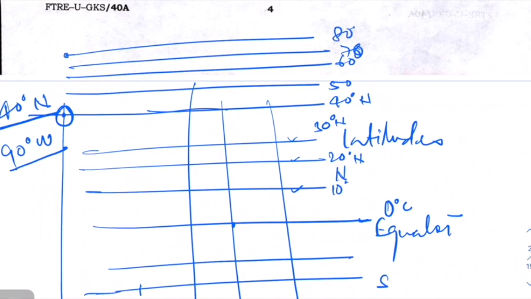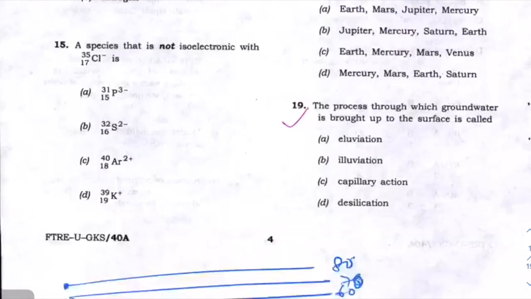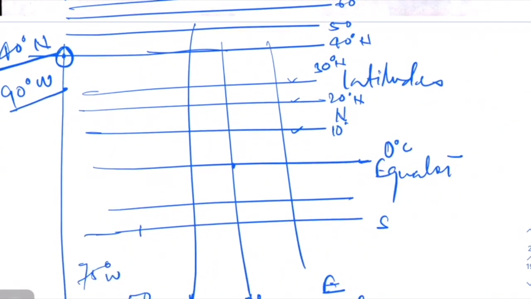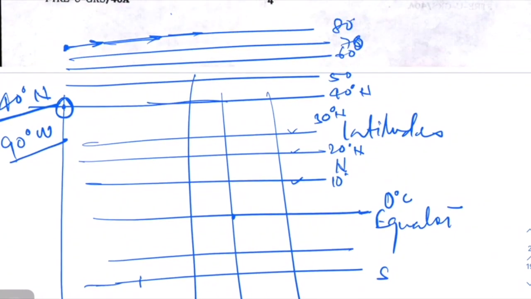So you are now here at 80° north. Now you have to move 60° east, which will bring you, suppose, to this place, because this place is 90, so you are somewhere around 60 degrees.